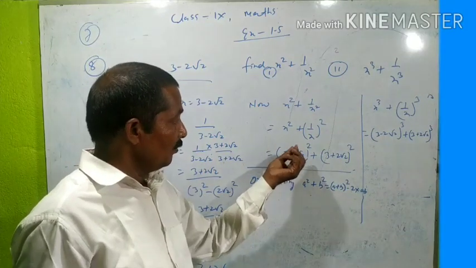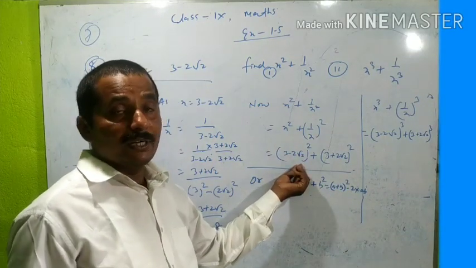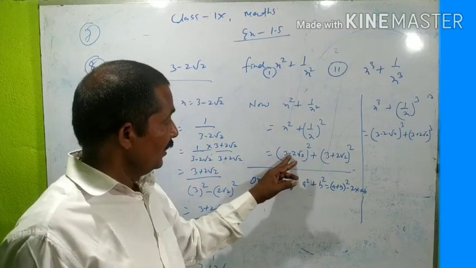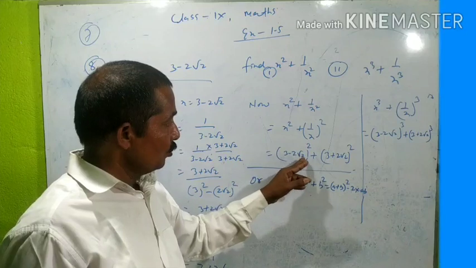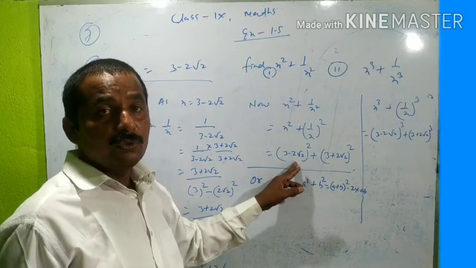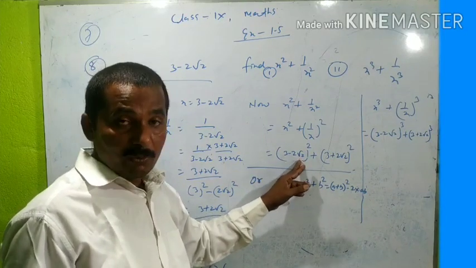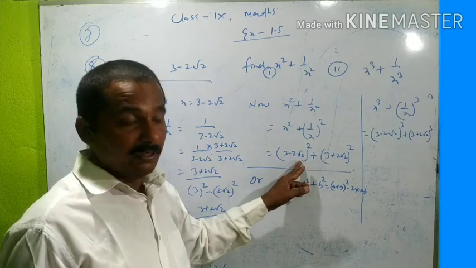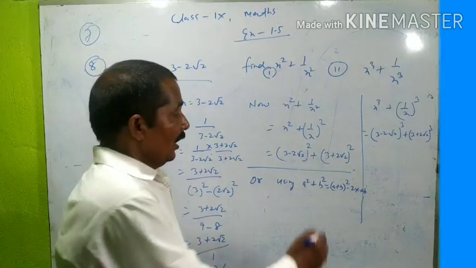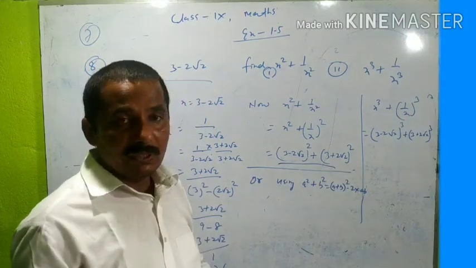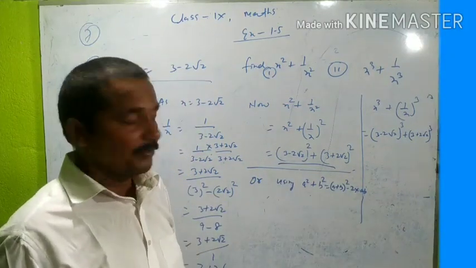And from here you will try to solve yourself. Here 3 minus 2 root 2 square means 3 minus 2 root 2 into 3 minus 2 root 2 you will do, or you can apply the identity a minus b whole square. In a similar manner this part will also be solved. After the solution, whatever comes will be the answer for this question.